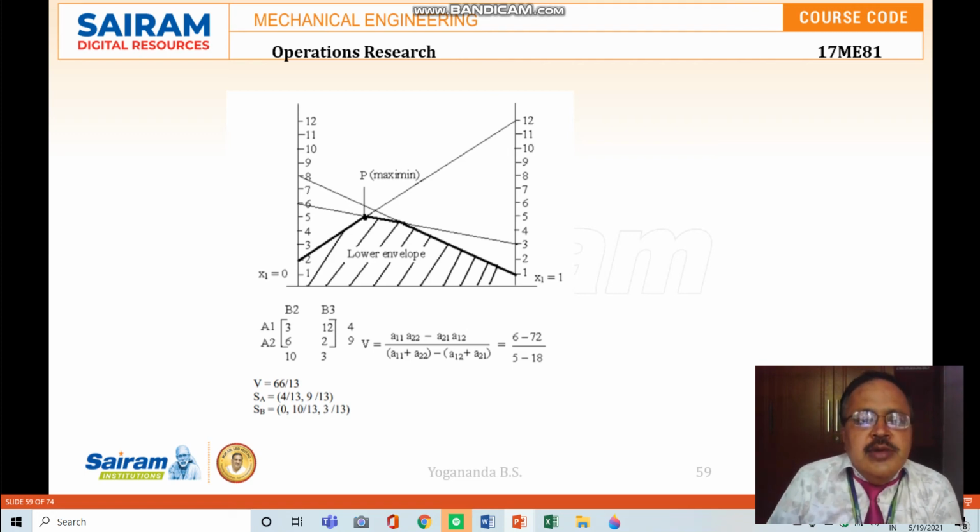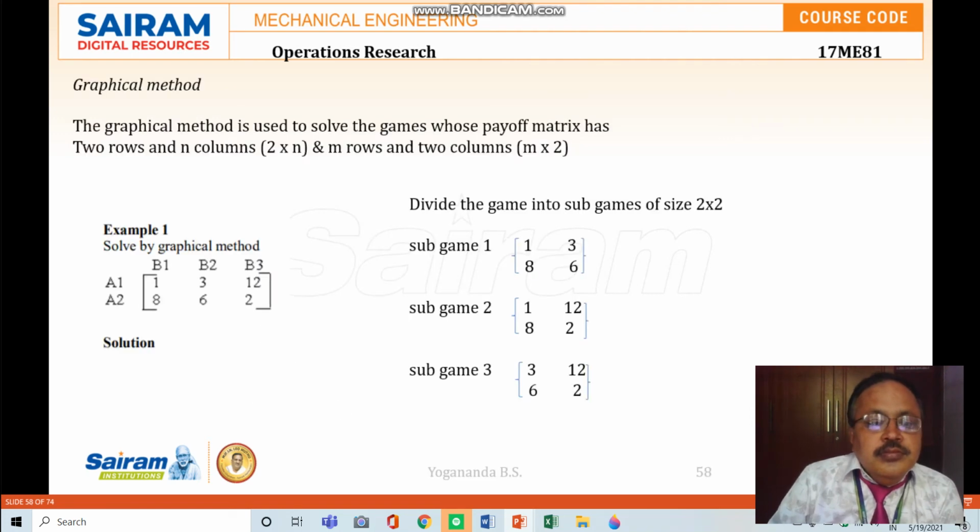Now we have the maximum point P here, where I have the intersection of the lines. So 3, 6 and 12, 2 are the two lines intersecting to give rise to this point P. That means player B will keep these two strategies 2 and 3, and discard strategy 1.